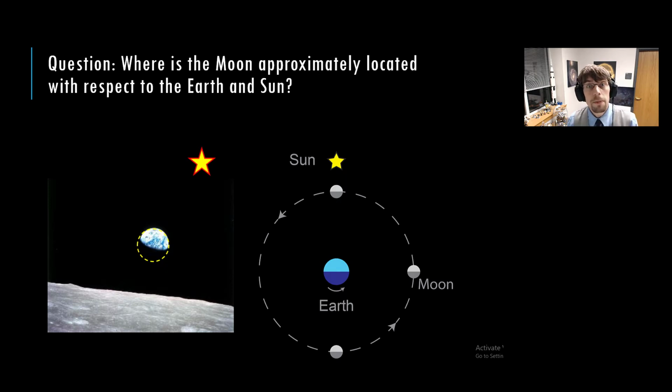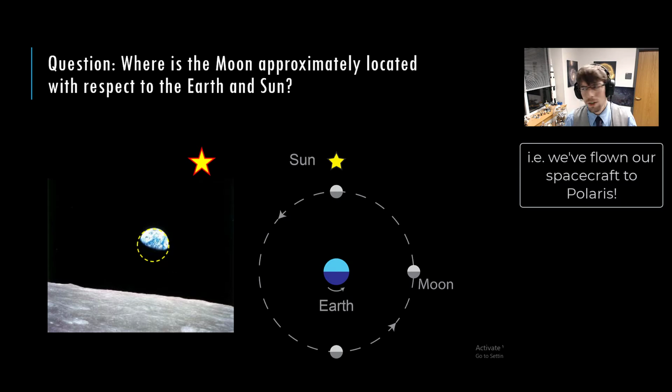It is going to be at the north celestial pole. Okay? So you can imagine we're on our spaceship at the North Pole. We launch straight up to the north celestial pole, and then we're going to turn around and we're going to look back at the Earth. We're going to look at the moon, and we're going to look at the sun. Okay? So we can see those three objects.